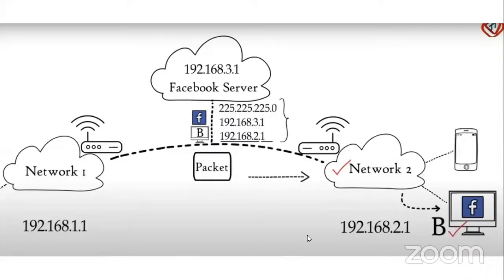So what are the various functions of the network layer? The network layer performs three functions. One is logical addressing, another is routing, and the next one is path determination.